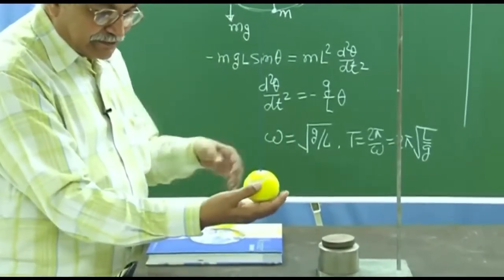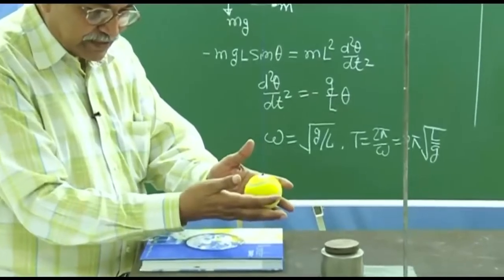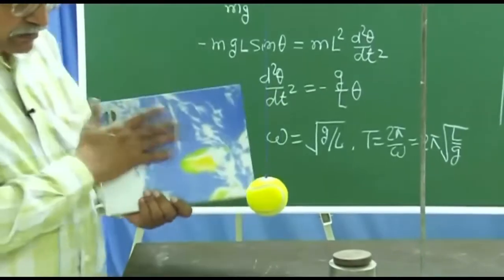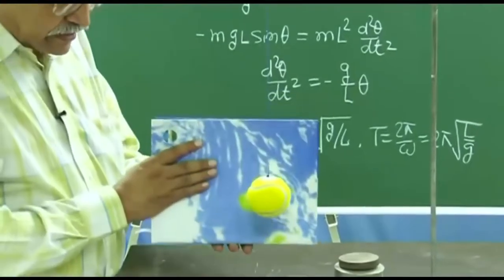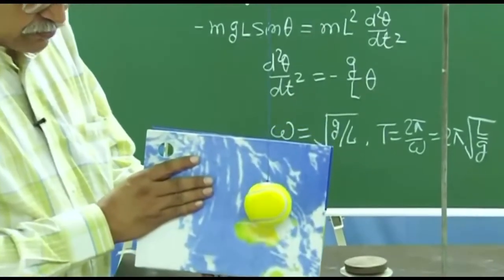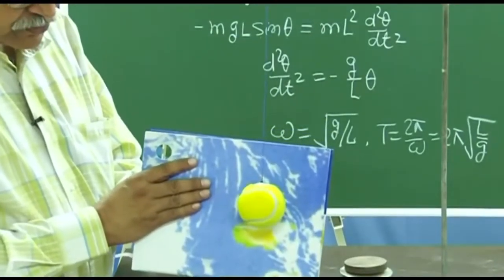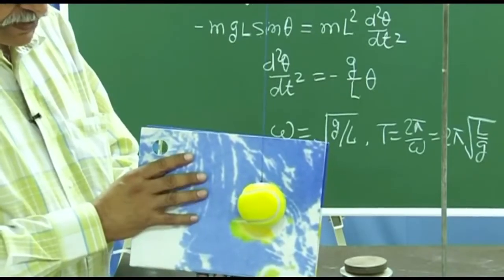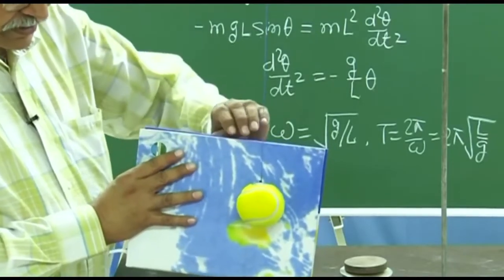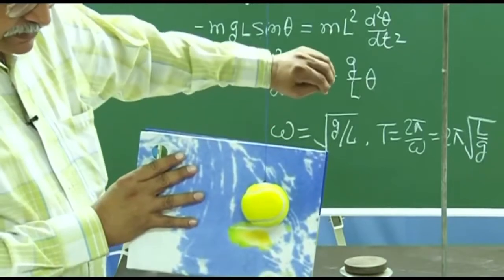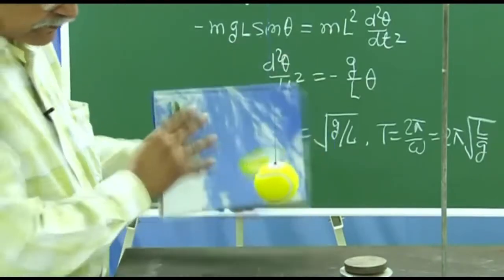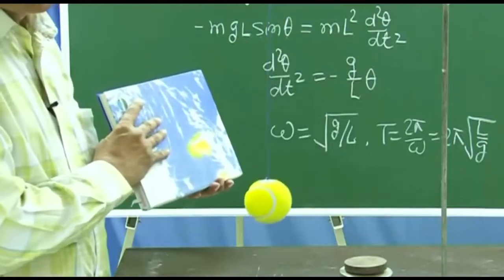So one of the efficient ways is that you take some kind of a textbook or a notebook and push this ball to whatever amplitude you want, and then move this notebook rapidly in the opposite direction and see how smoothly it goes.